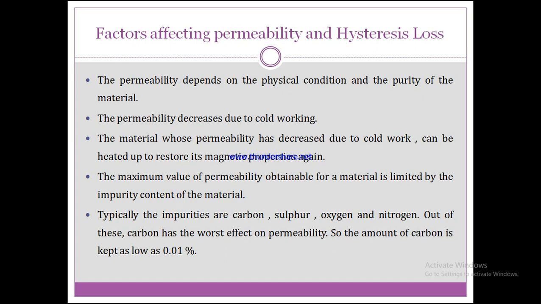The material whose permeability has decreased due to cold work can be heated to restore its magnetic properties again. The maximum value of permeability obtainable for a material is limited by the impurity content of the material. Typically, the impurities are carbon, sulfur, oxygen, and nitrogen.